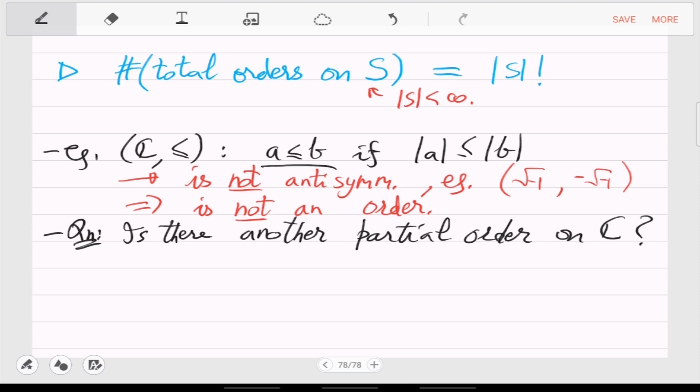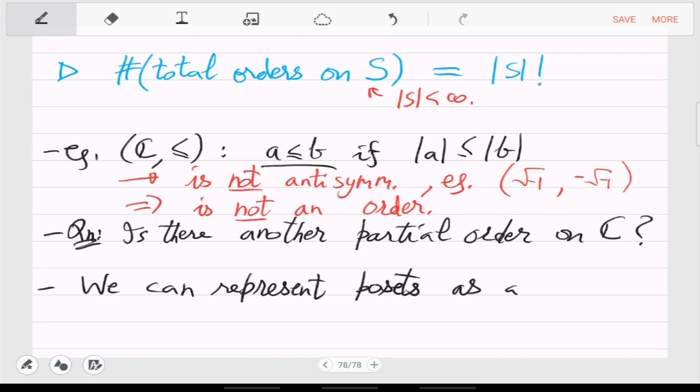Okay, so there is a way to represent finite posets which is called Hasse diagram. We can represent posets as a diagram. That's called a Hasse diagram.